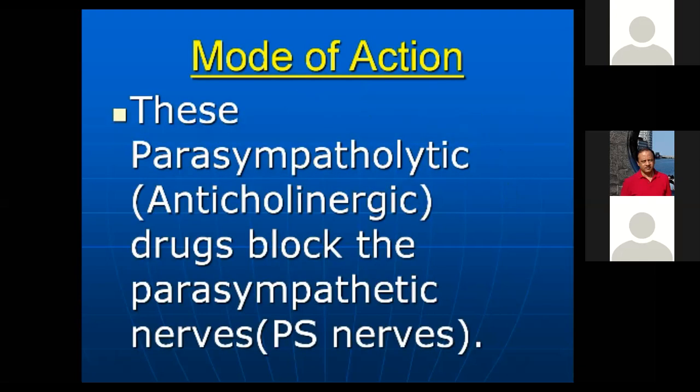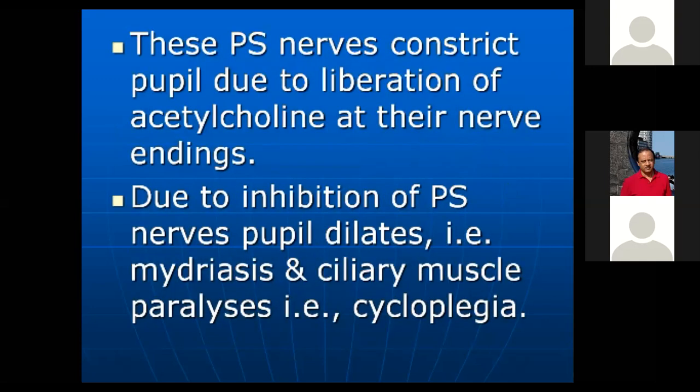As the name suggests, these drugs block the parasympathetic nerves. These parasympathetic nerves constrict the pupil due to liberation of acetylcholine at their nerve endings. So when the parasympathetic nerves are inhibited, the pupil gets dilated.